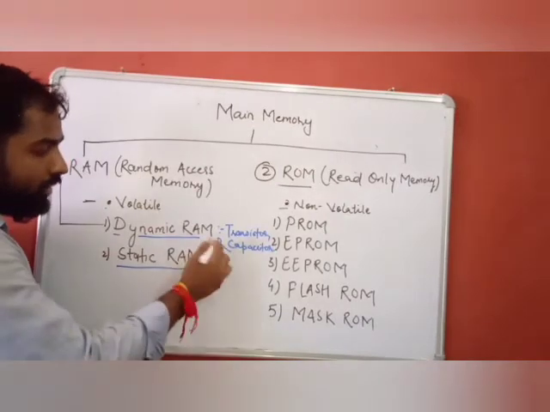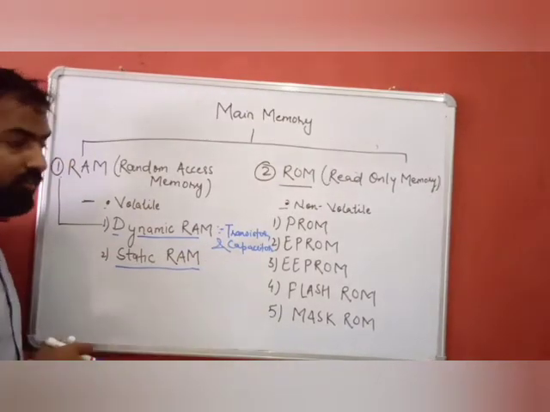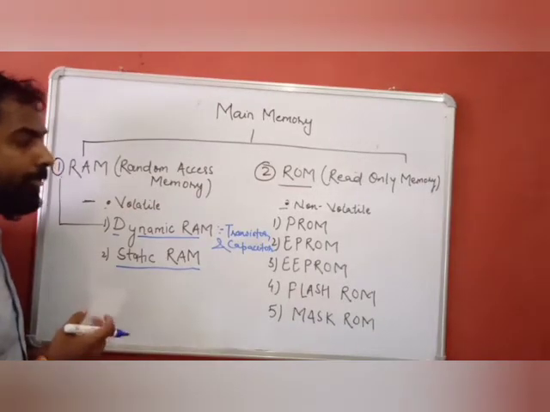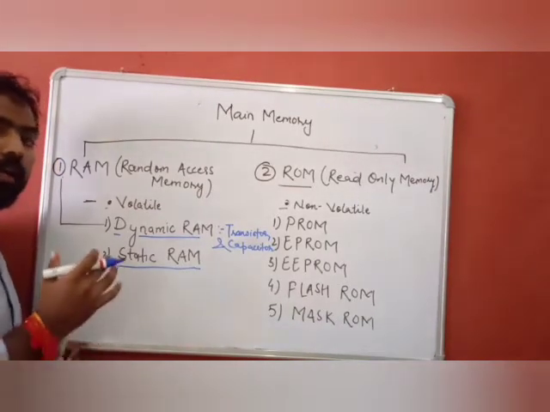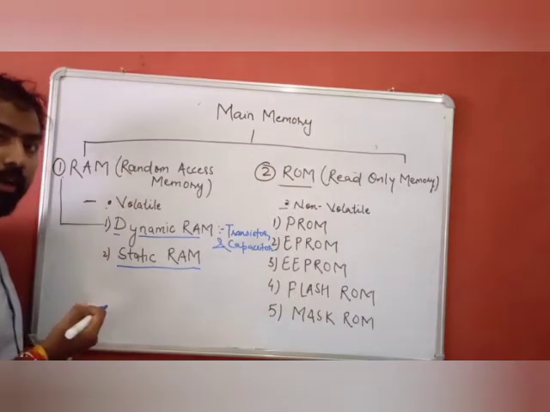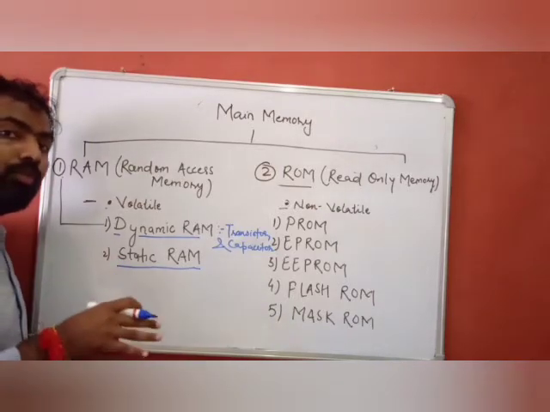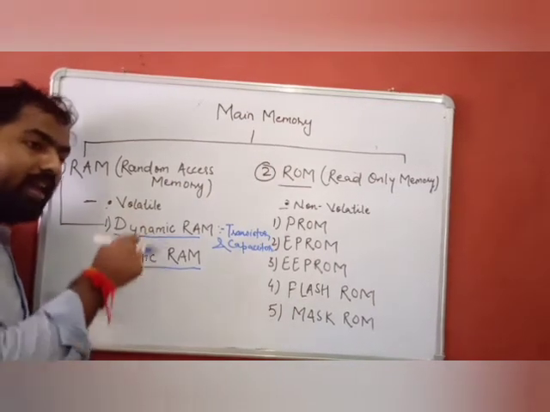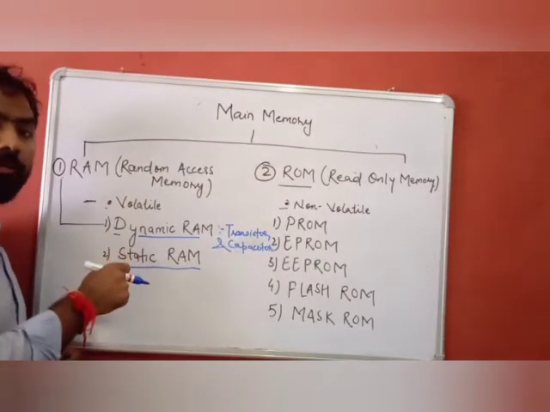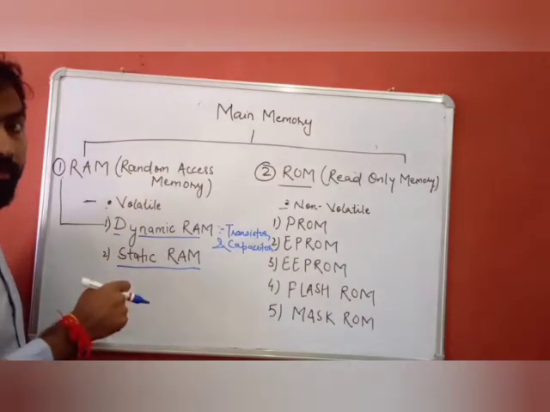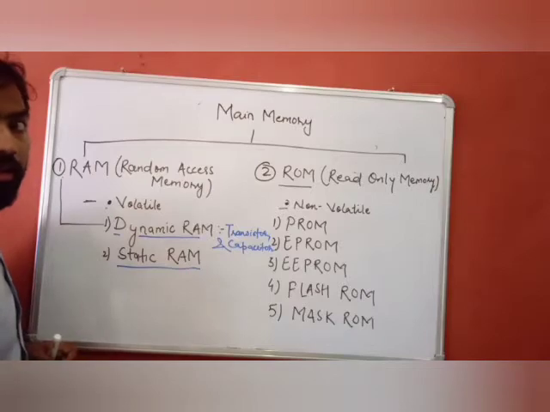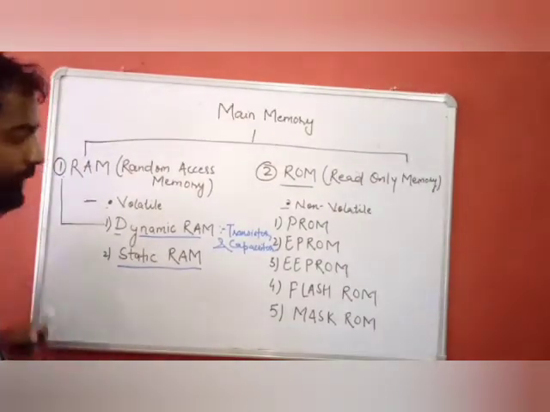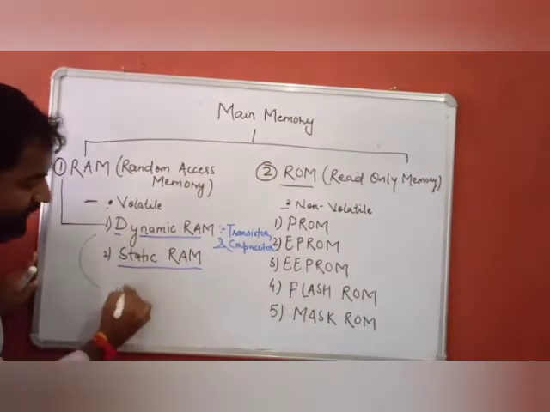Now, the amount of time taken when data is accessed by the dynamic RAM, up to the time the data is available in the dynamic RAM, we call memory access time.